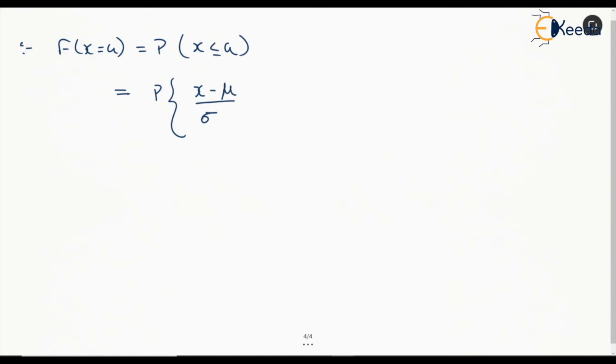Now to find the distribution function F of a, this is nothing but the probability of x less than or equal to a, and this can again be transformed. So for x less than a, we can transform it to the probability of x minus mu by sigma less than or equal to, instead of a, a minus mu by sigma, right?